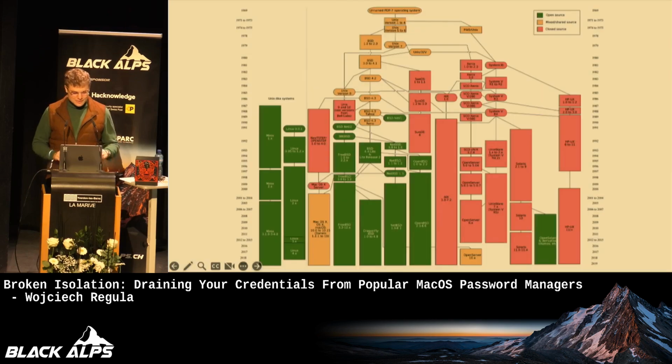So let's start from the history, my favorite slide, taken from Wikipedia. You can see that Linux is in here, but macOS is in here. So macOS had 2 parents, FreeBSD and NextStep.